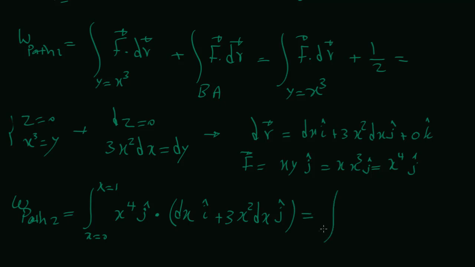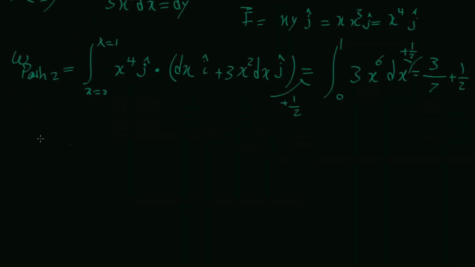We just have the j term dotted with the j term, so this is going to be 3x to the 6 dx from 0 to 1, which is 3 over 7. We also had plus 1 over 2 here, which was the work on the second part of path 2, from B to A.